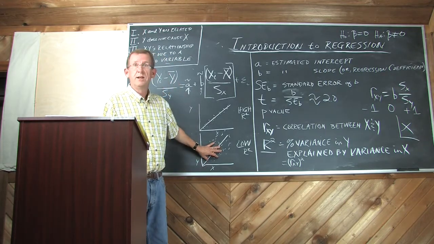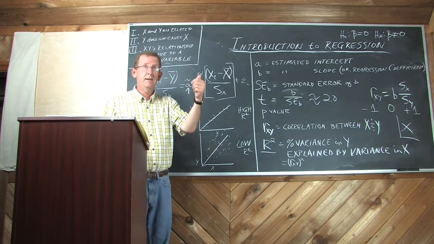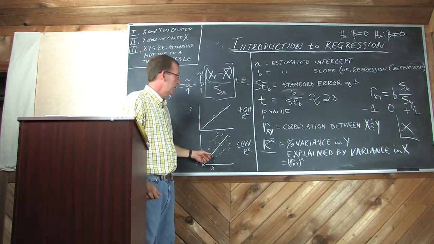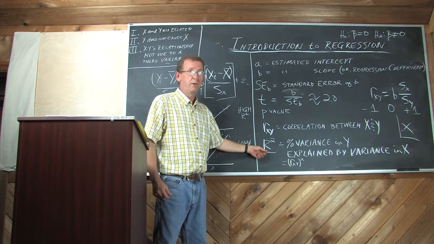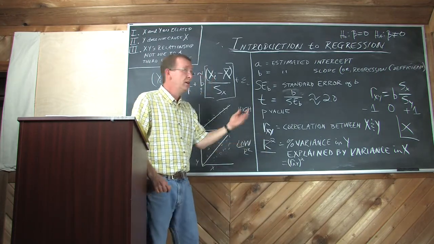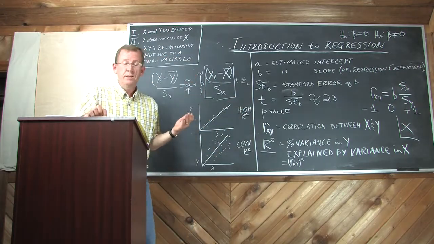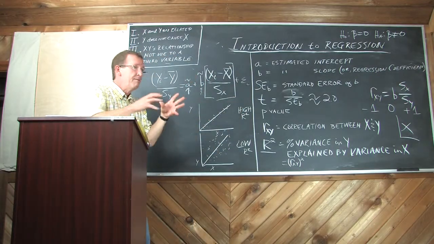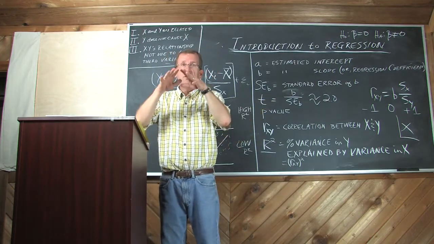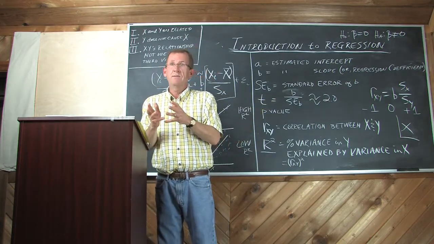And in this circumstance, despite equal a and equal b, equal intercept and equal slope, the R squared is going to be much lower, and likewise the correlation coefficient is going to be lower and closer to 0.